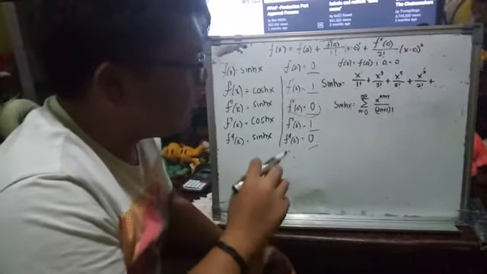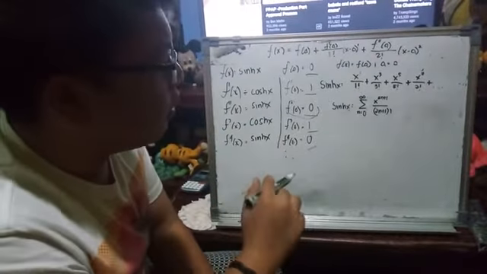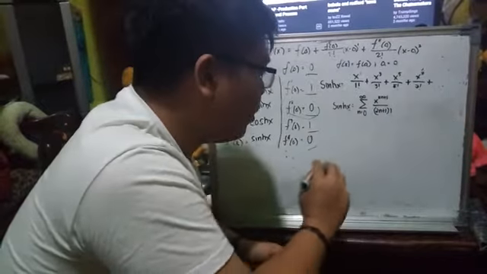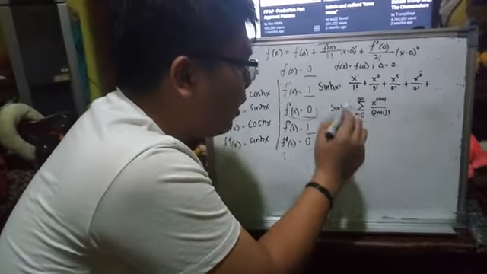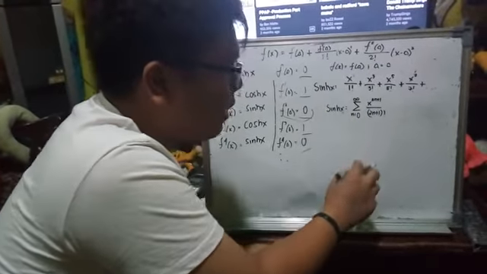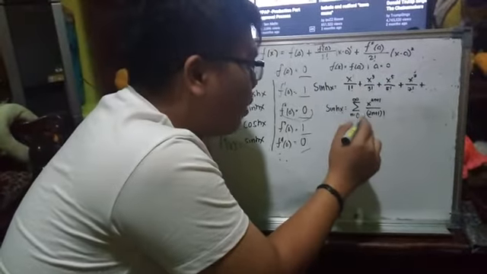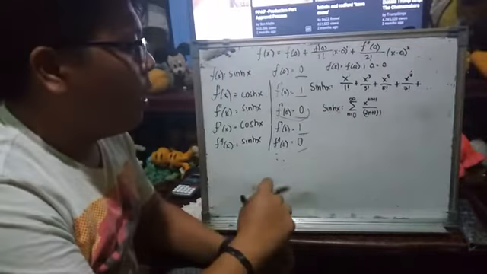So if you look at it carefully, you can create a formula in which the summation n is equal to 0 to infinity x raised to 2n plus 1 over 2n plus 1 factorial.